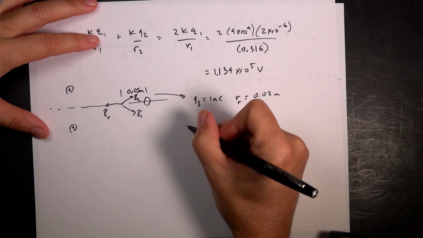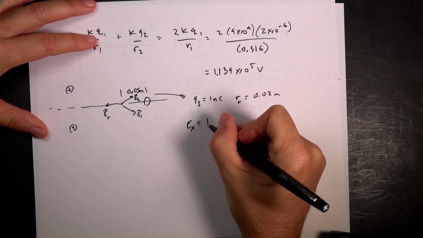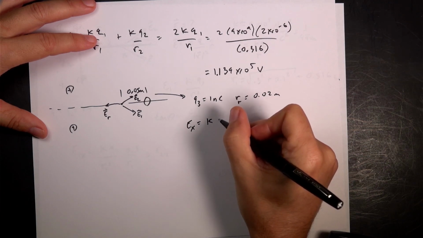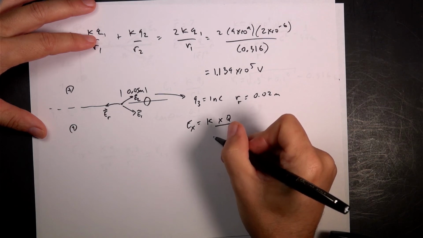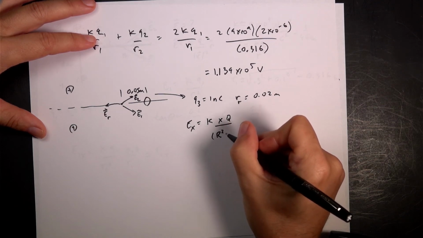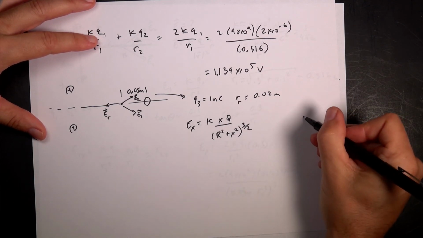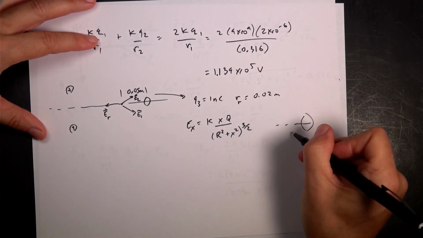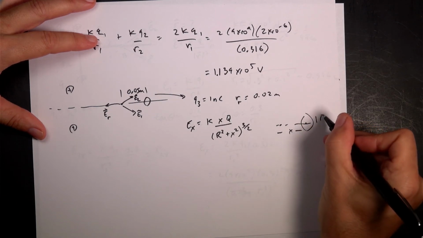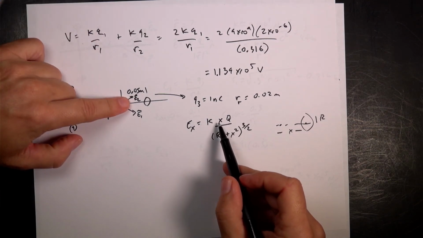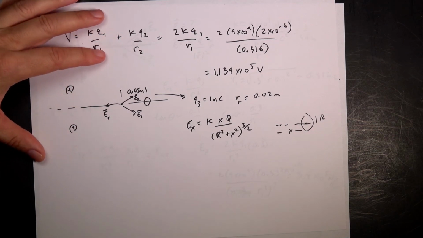So I know due to a ring, Ex is going to be equal to K times x Q over, I'm going to use capital R squared plus x squared to the 3/2. So in this equation, if I have my ring right here, this is x, the distance from there, and that's R. So in my case, x is going to be 0.05, which I know is kind of really weird. So let's just find the electric field due to the ring.